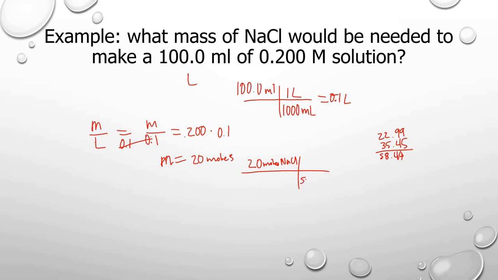Do we want it on the bottom or on the top? What are we trying to get rid of? So we're trying to get to mass. So mass has got to go on the top. What goes on the bottom? Moles.